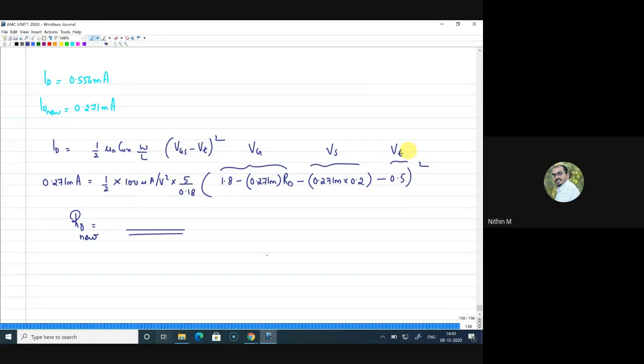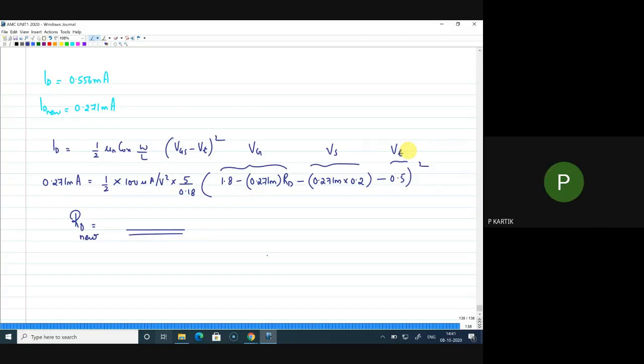Who asked me the note? Karthik, right? Karthik, what will you substitute for? Did you substitute for VGS? No, I didn't substitute for VGS. You should, because it is 1.8 minus 1K into RD into the ID value, minus VDS. VDS is the same as VGS.